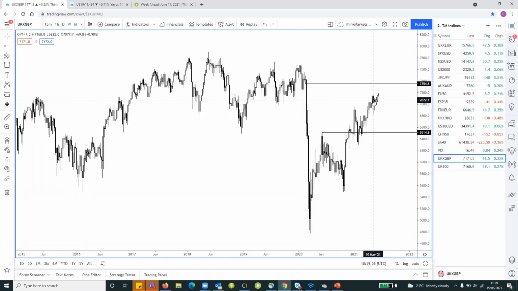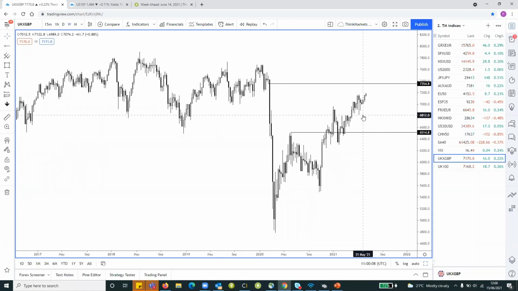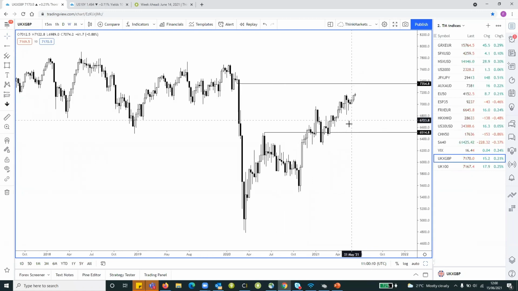If there is any impact from Brexit, you can see it right here. Indeed, absolutely, yeah. This could be it, right? But maybe we will see in the UK a strong recovery in the second half of the year. Who knows, when things open up fully, that could propel the UK 100 to above the pre-pandemic highs.